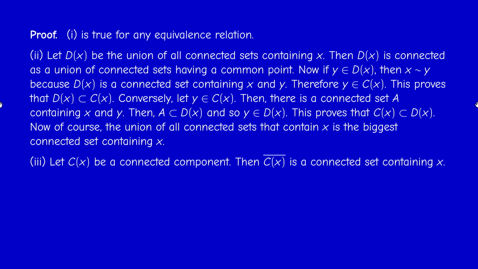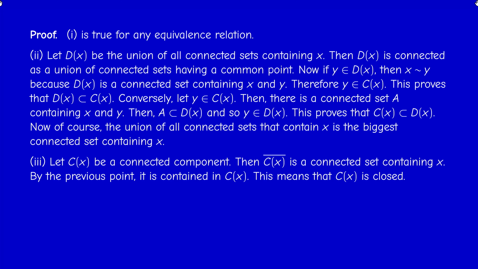So the closure of C(x) is connected. But by the previous point, C(x) is the biggest connected set containing x. Therefore, C(x) contains this connected set, the closure of C(x). So the closure of C(x) is contained in C(x). So I have equality, and therefore C(x) is closed.